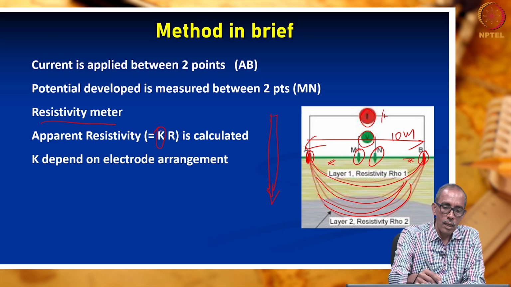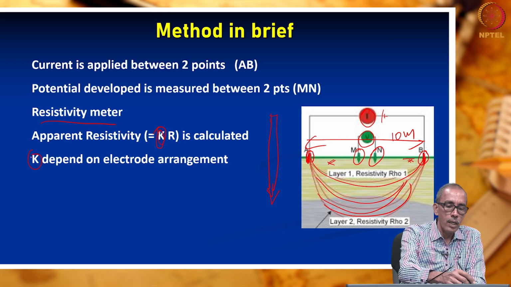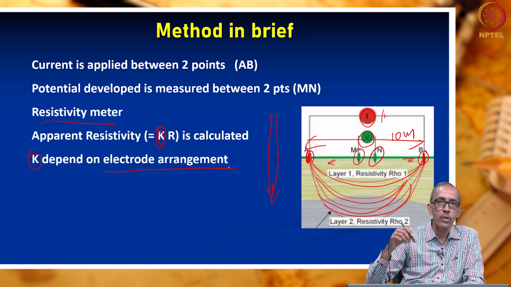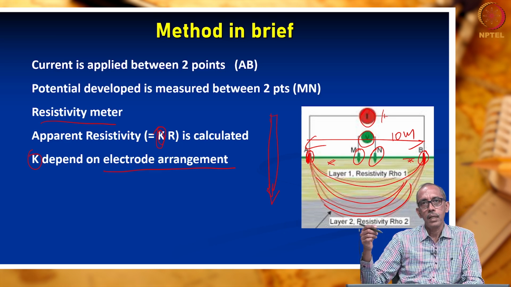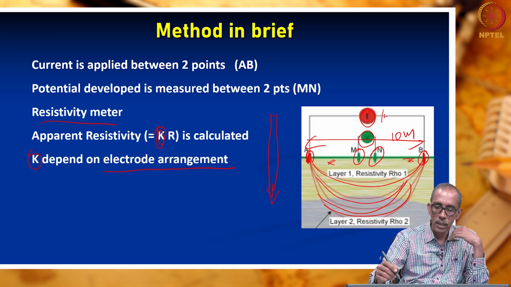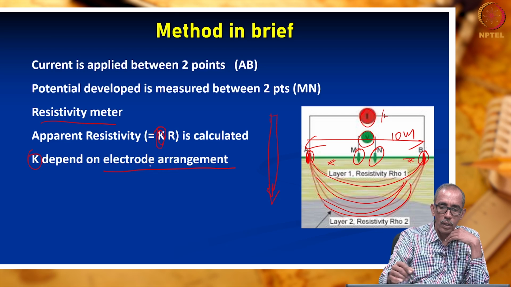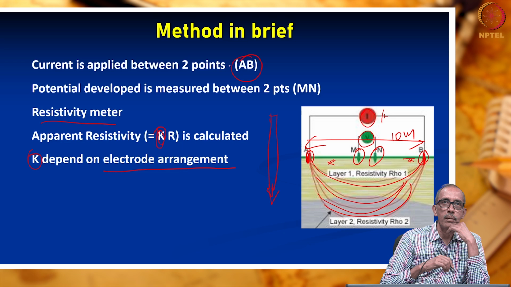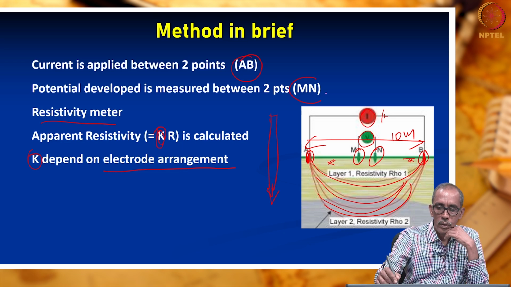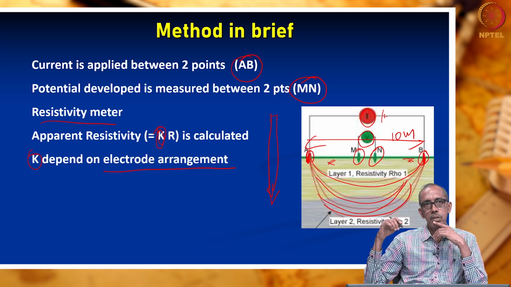So the constant K depends on the way in which we arrange our electrodes. To put it straightforwardly, the electrode arrangement refers to the distance between A and B and the distance between M and N electrodes.